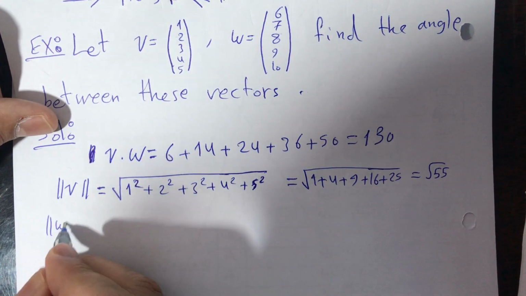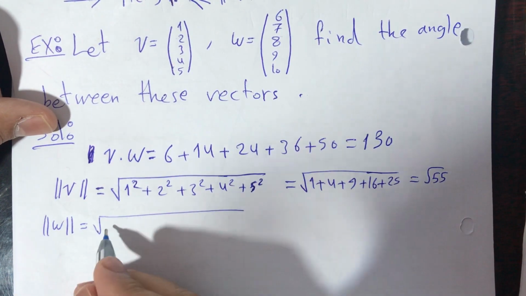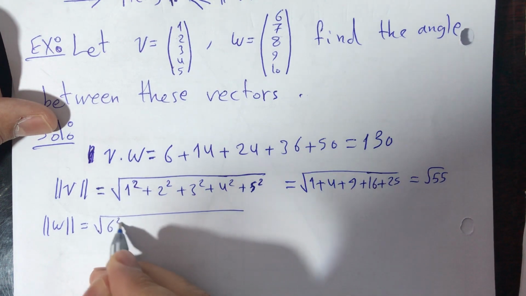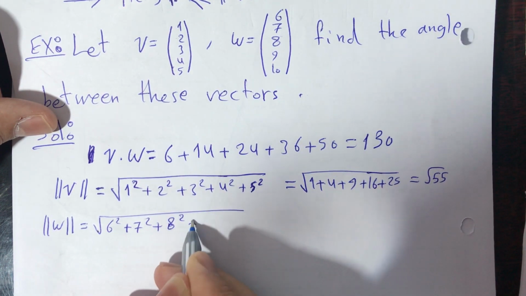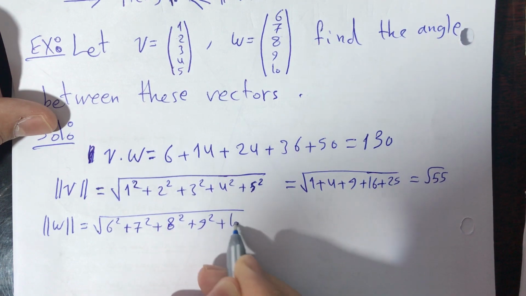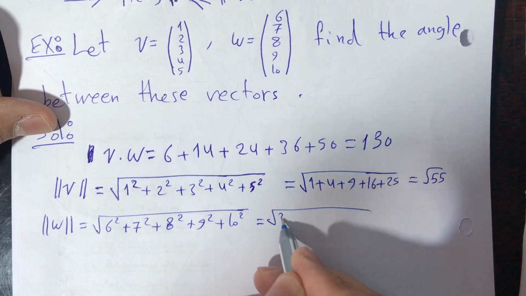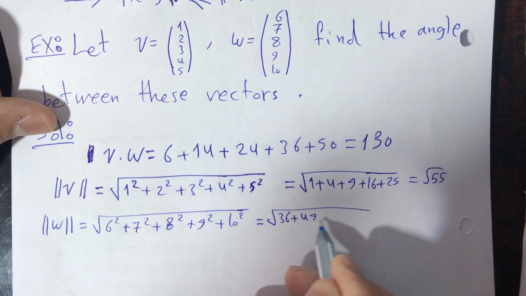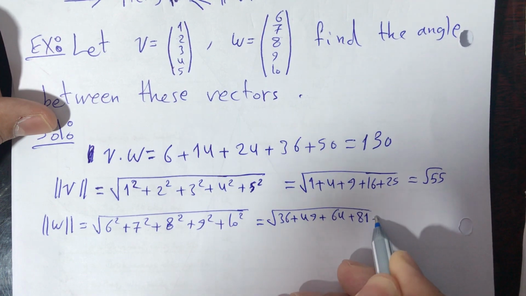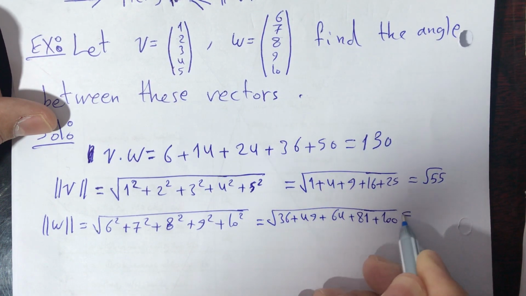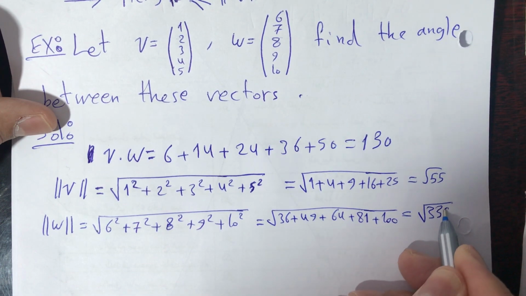And the norm of w is the same, but here it is 6 squared plus 7 squared plus 8 squared plus 9 squared plus 10 squared, which is 36, 49, 64, 81, 100. This will be root of 330.